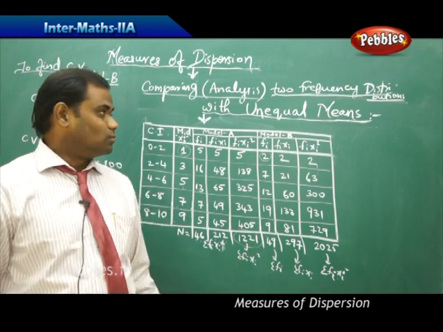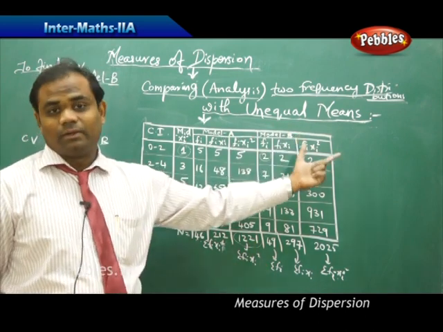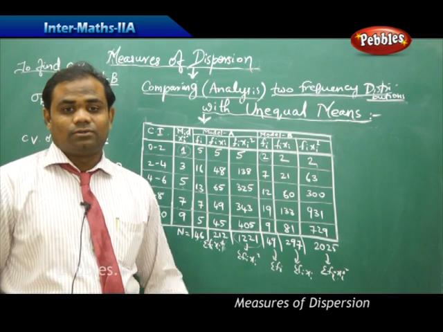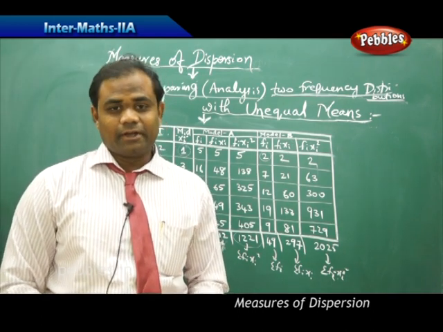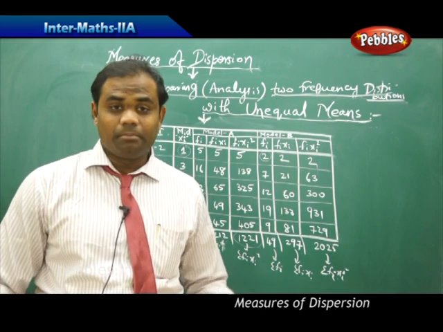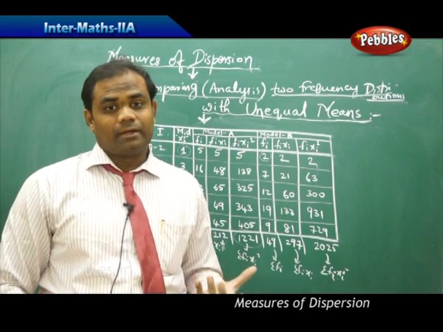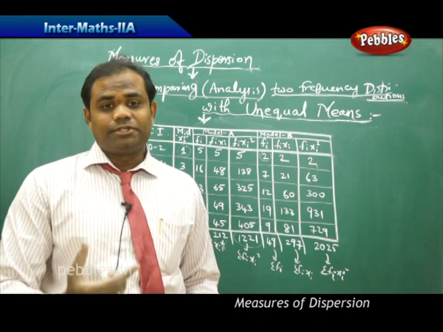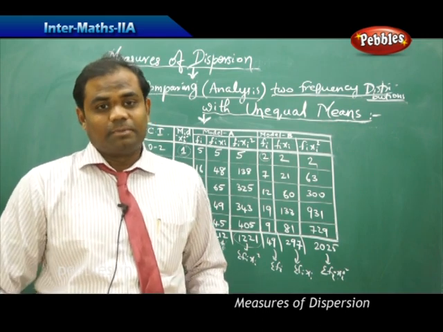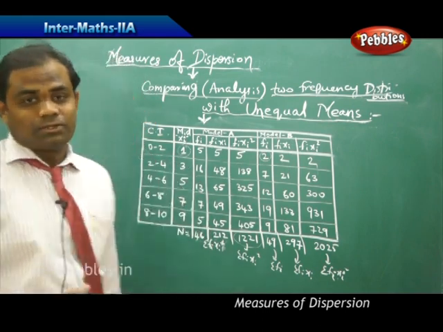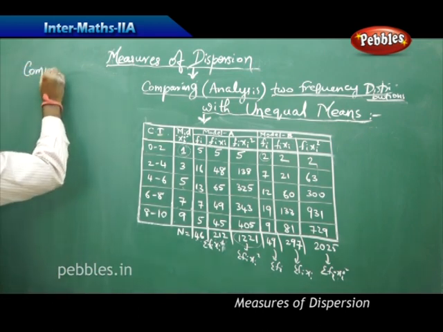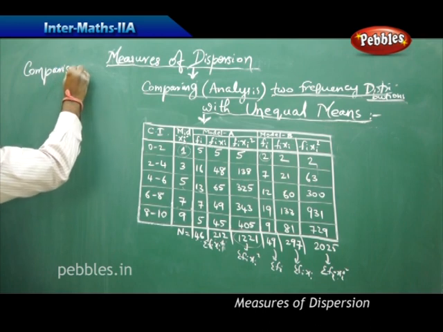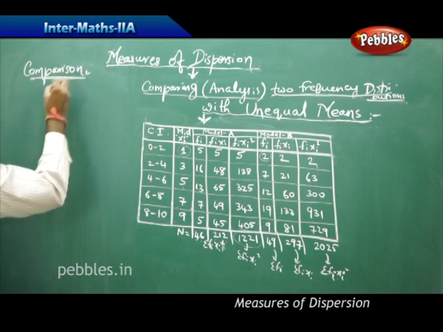Now that we have obtained the coefficients of variation of the two models A and B, let's see how we can compare through the measure, comparison through unequal means. Now comes comparing and trying to know which model is the better one to purchase for the future.